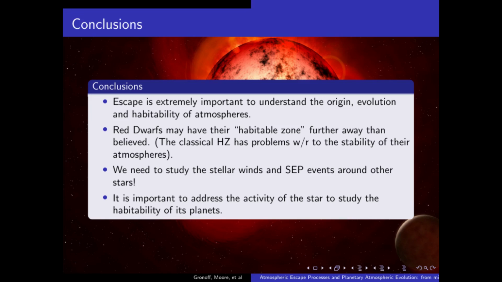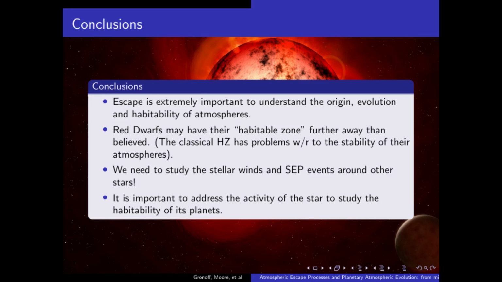Fortunately, if there is a lot of outgassing, that is something they can survive a little bit longer. We have seen that we need to study the stellar wind around the star to better understand what is going on with them. And we have seen that it is important to address the activity of the stars to study the habitability of its planet.